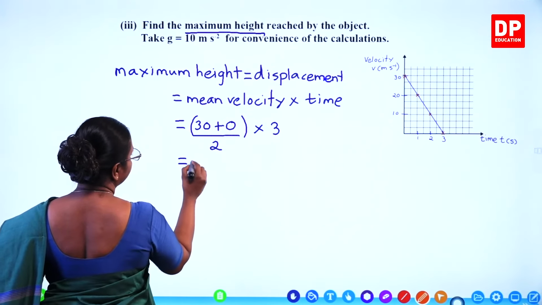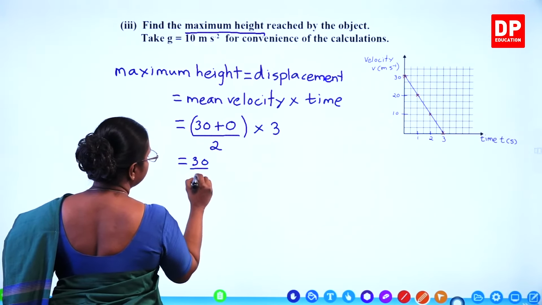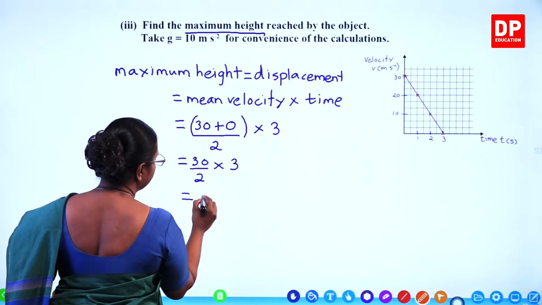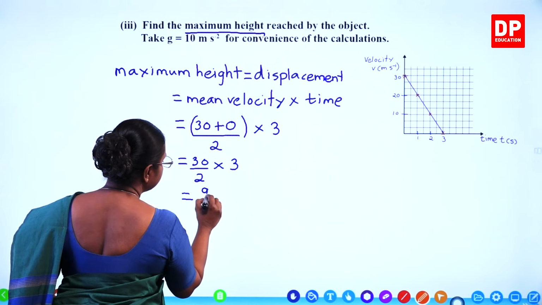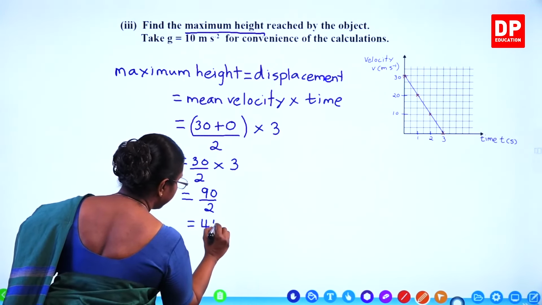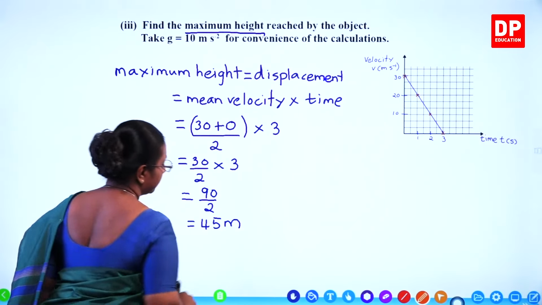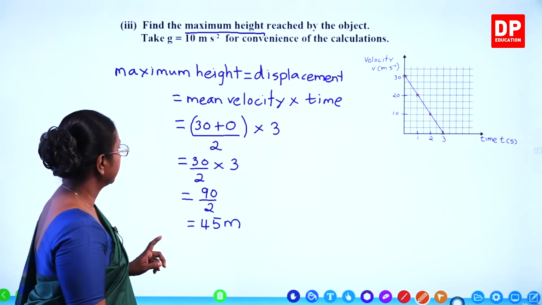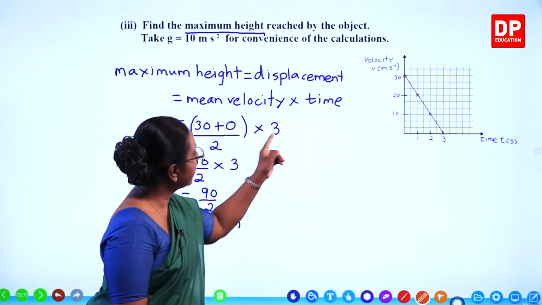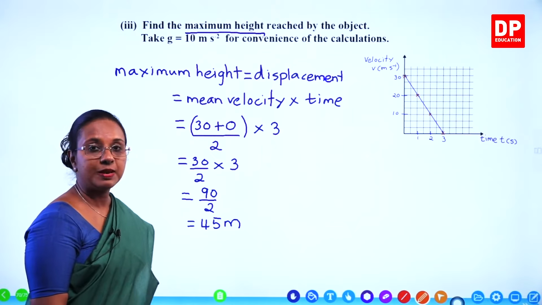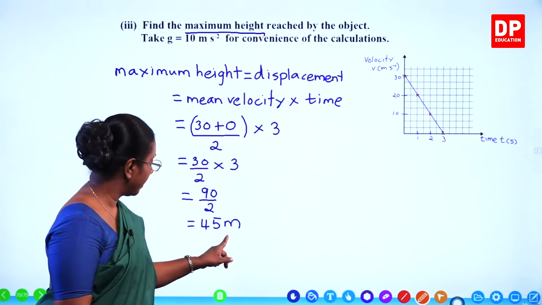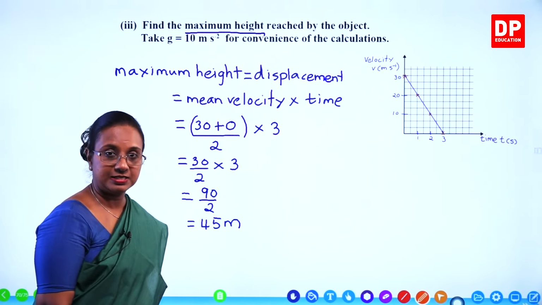So if we calculate 30 divided by 2 into 3, that will be equal to 90 divided by 2, that is 45 meters. That is the displacement, because here mean velocity is in meters per second, time in seconds. So when you multiply second by per second, that gets cancelled off and you get the unit as meters.